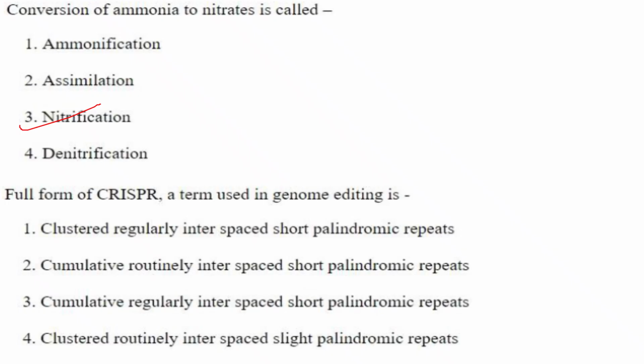Ammonification, I already told you, is by decomposers converting organic nitrogen back to ammonia. Assimilation means the plant absorbs the nitrates. And denitrification means the process where the nitrates are converted to gaseous nitrogen and returned to the atmosphere.